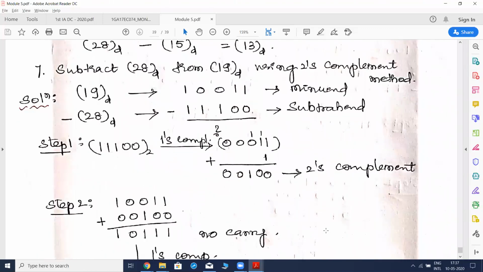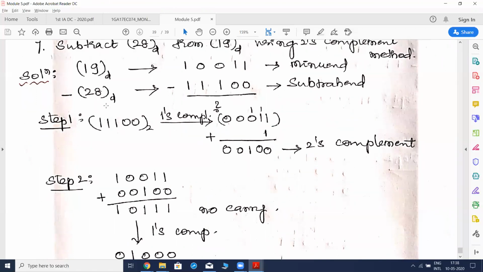Sometimes you may be asked to perform subtraction using 2's complement in this form: subtract 28 decimal from 19 decimal. The thing is, first convert the 28 decimal and 19 decimal into binary, and then follow the same steps.